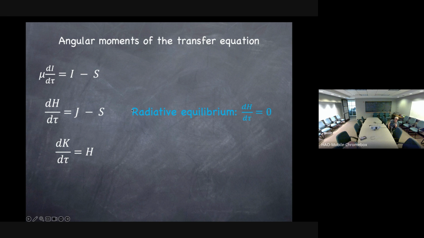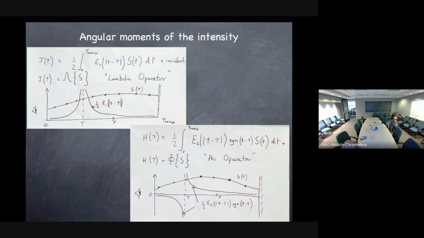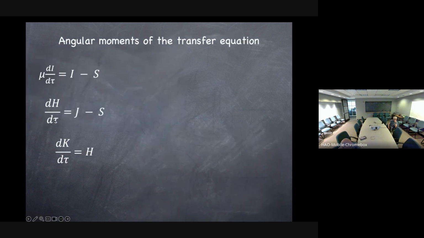Given that we know that J is Lambda of S, we could do a full gray atmosphere, assume there's nothing in the atmosphere other than just fog, gray. So J is Lambda S, so Lambda S minus S is 0. I know the form of Lambda, therefore I know what a radiative equilibrium atmosphere looks like, so I know how to compute a radiative equilibrium atmosphere. We haven't even done anything yet with radiative transfer. It's just nice and simple.